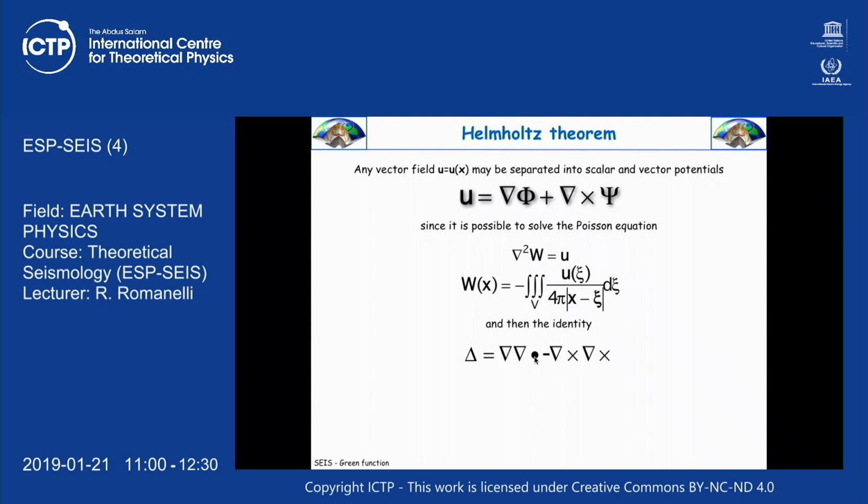Now this can be written like that, and we can find that the scalar potential is the divergence of W and psi is minus the curl of W. Just to let you remember that once U is given and we can compute this integral, we can find the two potentials. Just a recap of the Helmholtz theorem.